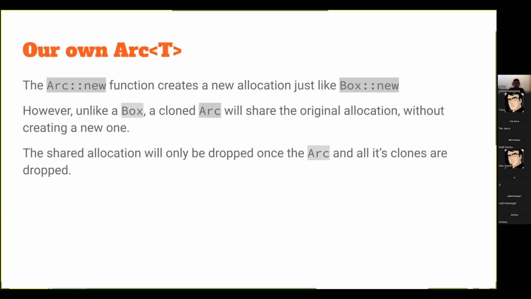You just share the same data which is already in the heap. It's similar to Box in a way, but calling clone will not create a new allocation. It just shares the same allocation. And we provide a safe API on top of it, to do this very efficiently and correctly, which is important across multiple threads. That's the goal.